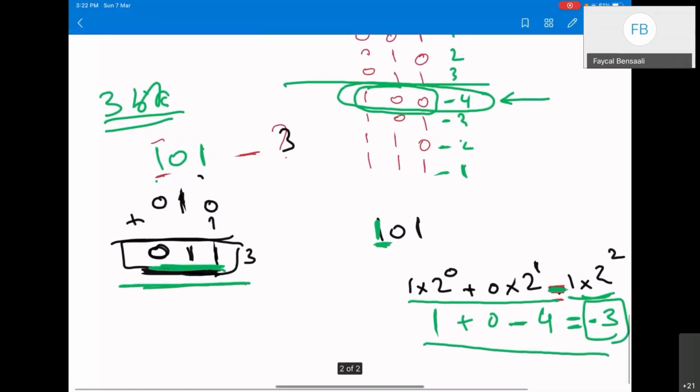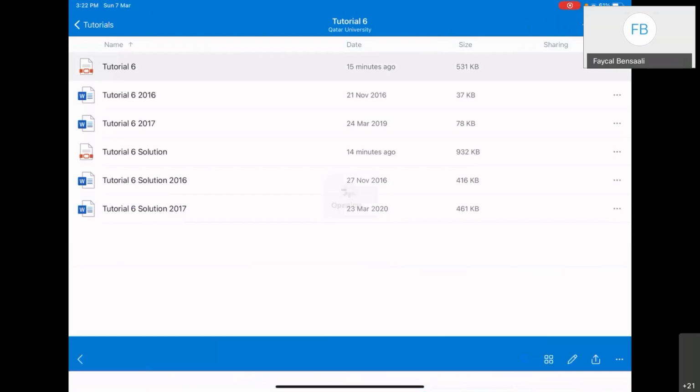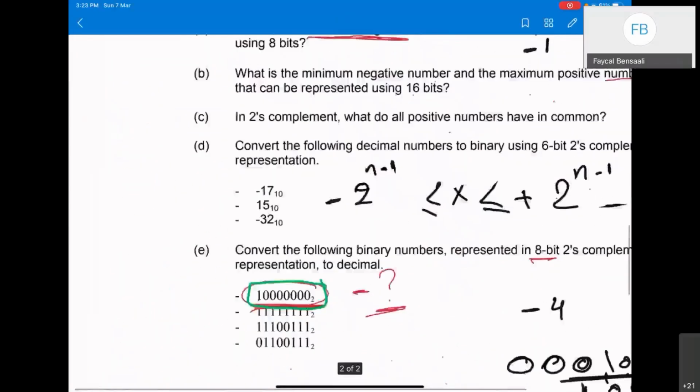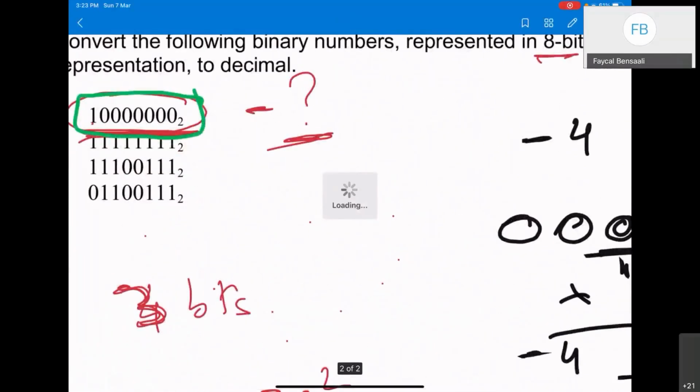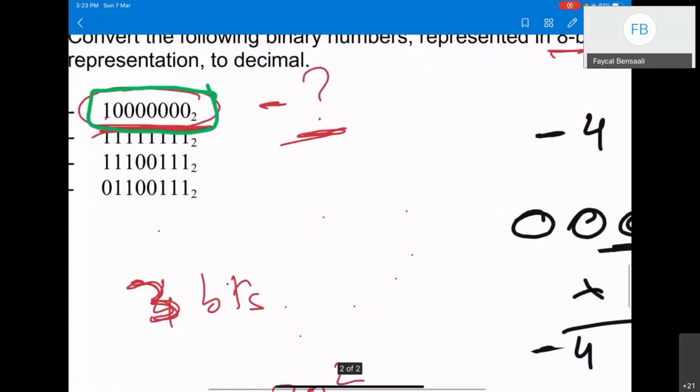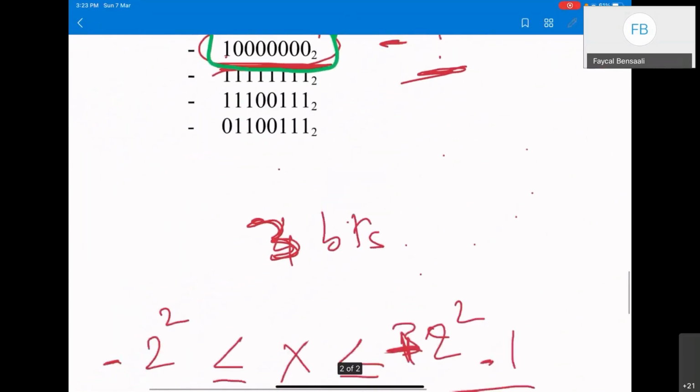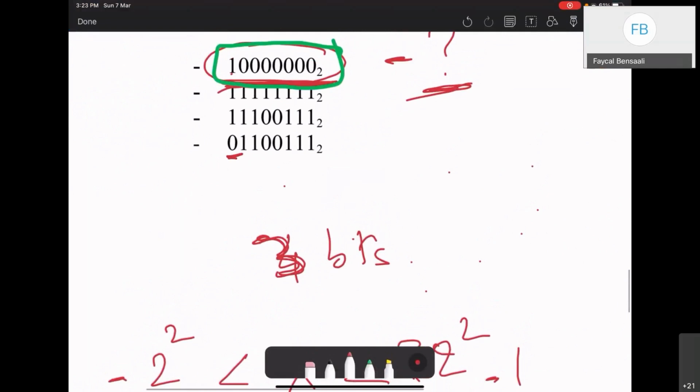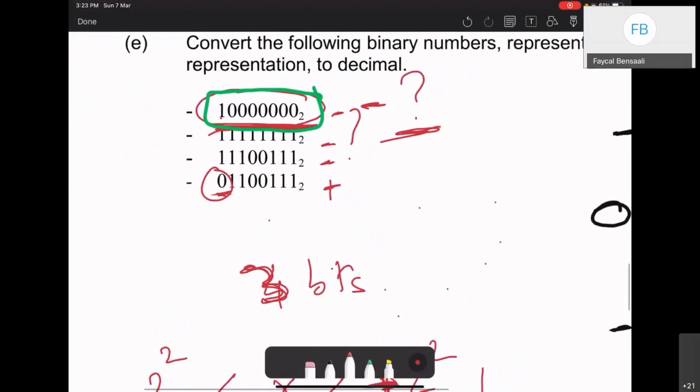You can apply the same for the other values in this question. The last one is positive, so you don't need to do anything. So this is 0, so this is positive. Those 3 are negative. You can find them using the same way that I just showed you.